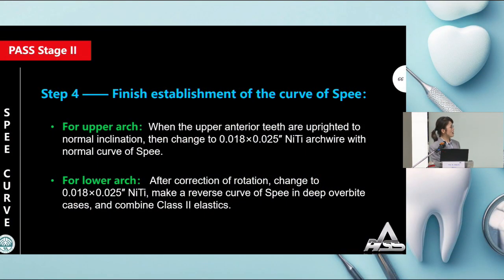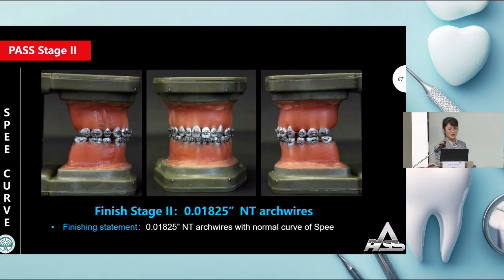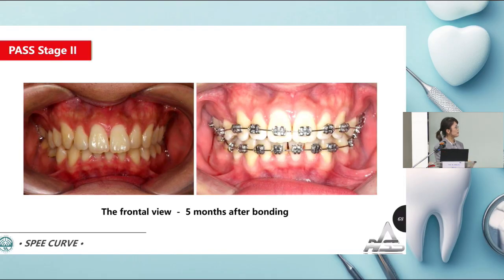For the lower arch, after correction of rotation, we can change to the 1825 nitinol wire, make a reverse curve of Spee in deep overbite cases, and combine class 2 elastics. Then we finish stage 2. And the main arch wire is always the 1825 nitinol arch wire with normal curve of Spee.